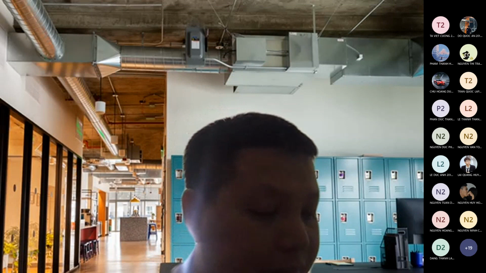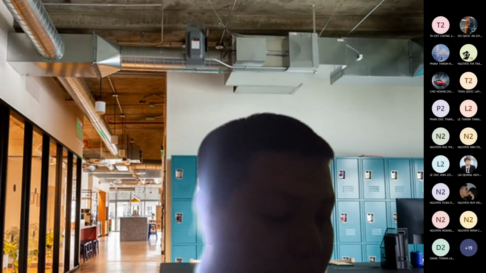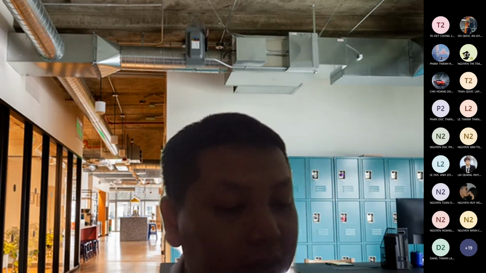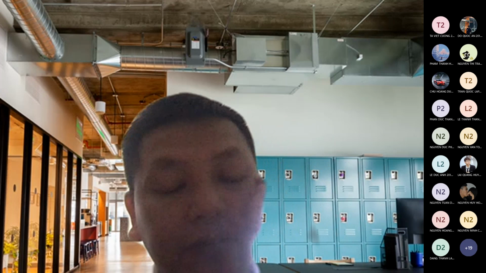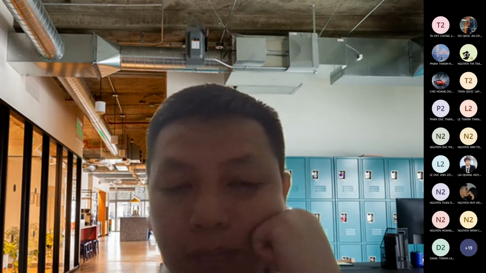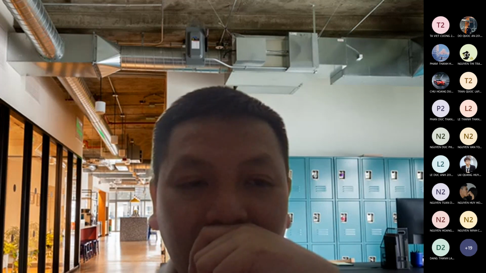Okay, so let's continue. So here we discussed different objective functions for the image segmentation problem. We can see here different types of loss.